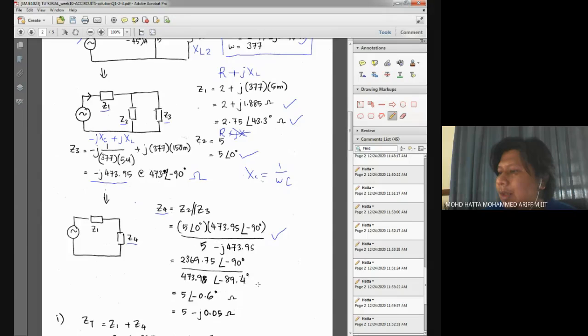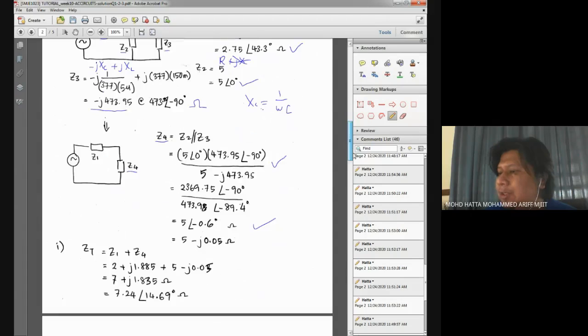At the end, we will get our answer as 5 with the angle of negative 0.6, or you can always convert into rectangular form as 5 minus J0.05 ohm. And lastly, we calculate our total impedance. It's given by the combination of these two elements, Z1 plus Z4, and you just add that together and get your answer as this value.